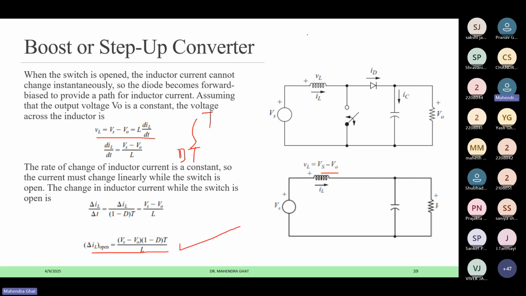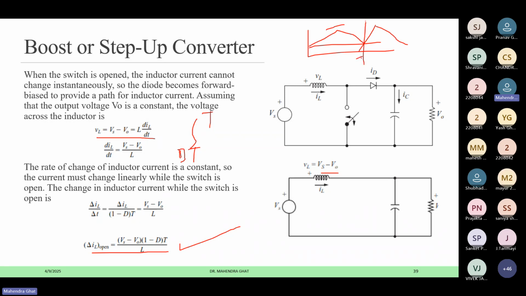Okay, again the same thing, this is delta IL close and delta IL open. If I add both of these, it should be 0. So there is no change in the inductor current after the time of one cycle. So this is the T.